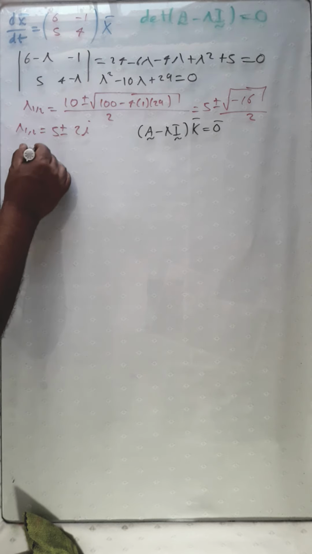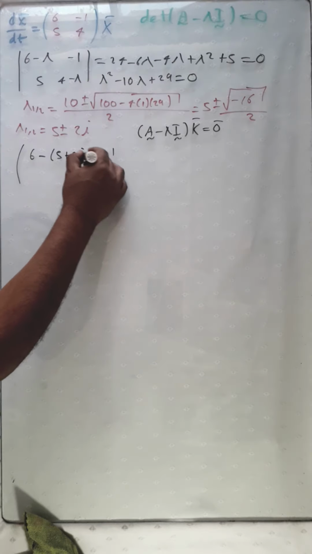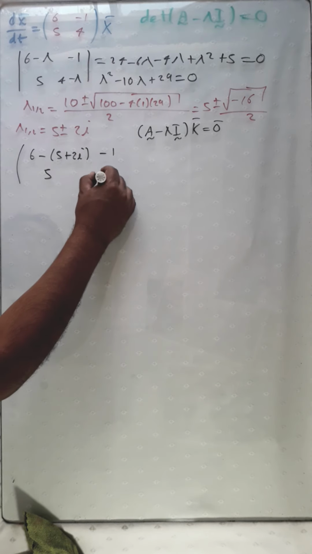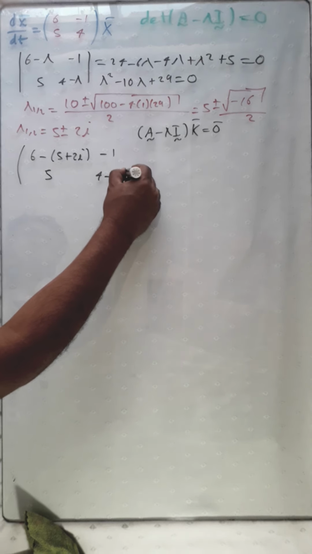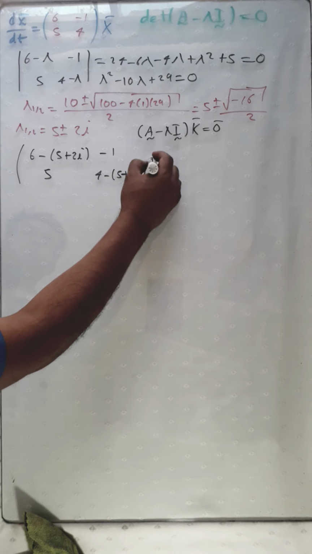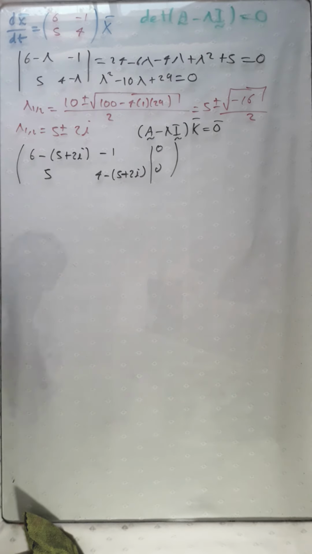So it's going to be 6 minus 5 plus 2i, minus 1, and then 5, 4 minus 5 plus 2i. You can use the positive or the negative, but you should use only one, not both. If you use negative, it's going to be exactly the same.